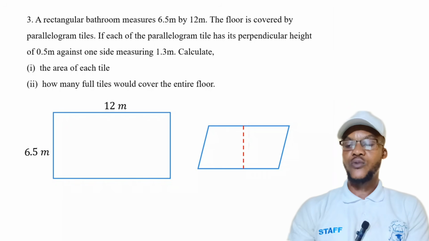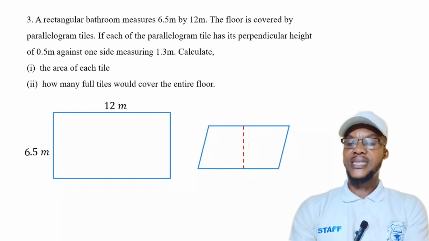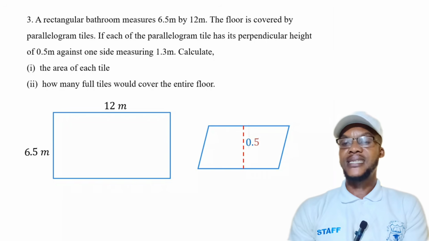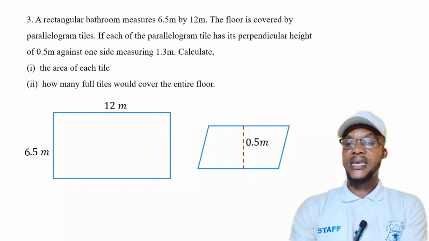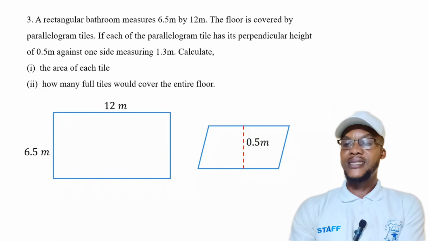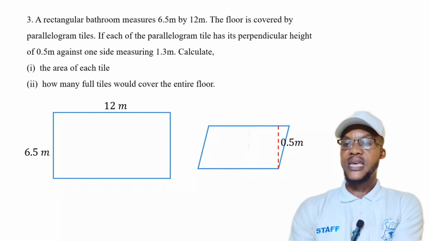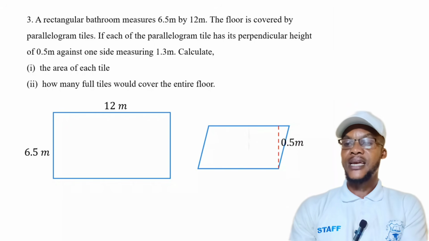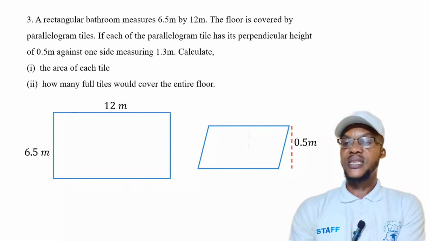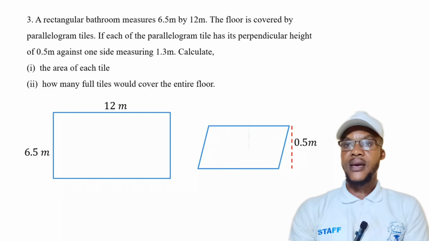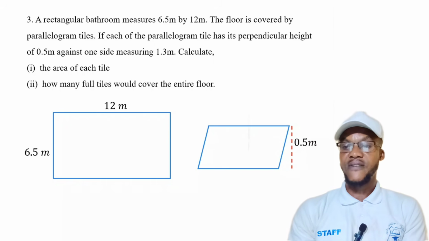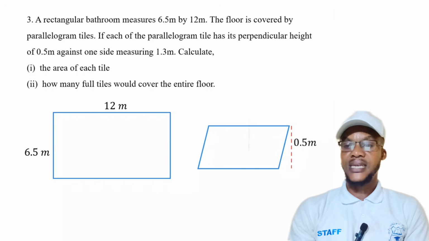So that is our height. You know that we can get the height here. Okay, yes, and then the height can also be here. At the same time the height can also be here. So you see, when you meet them in questions, you should be able to identify the height. All right. Yes. So take note of that.